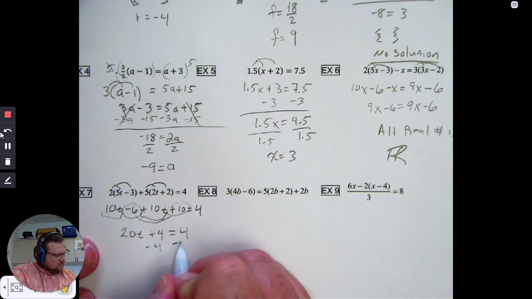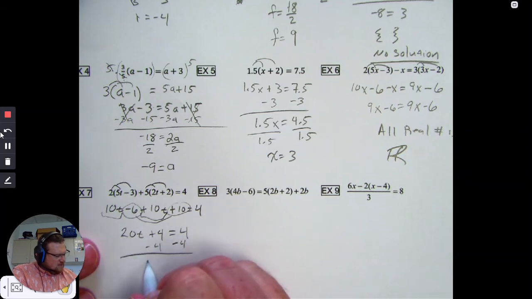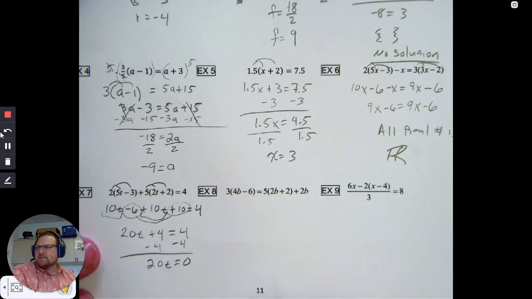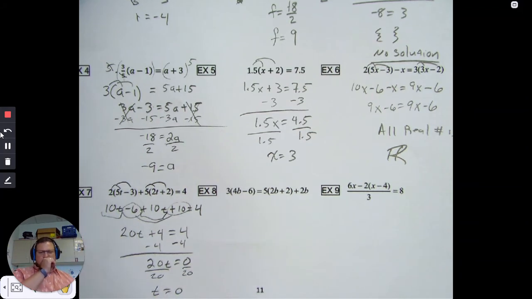If you subtract 4 from both sides to get your variable by itself, we're left with 20t equals 0. So then we would have to divide both sides by 20, and you would get t equals 0.